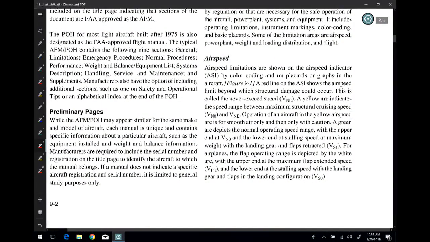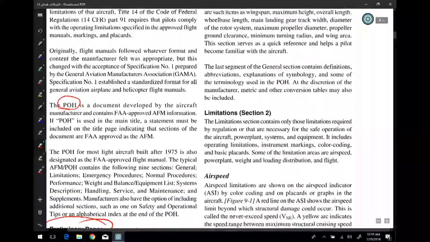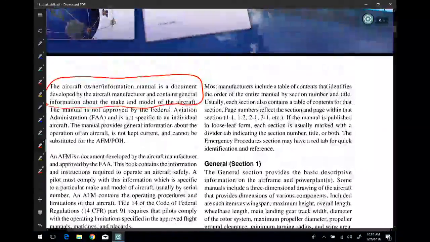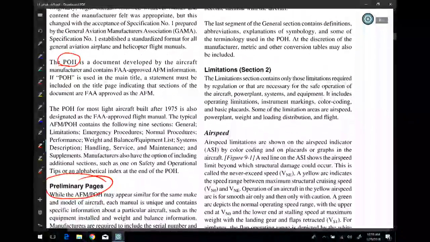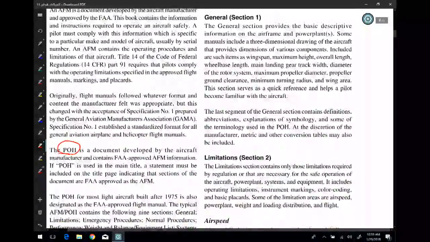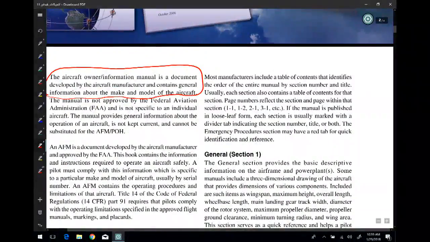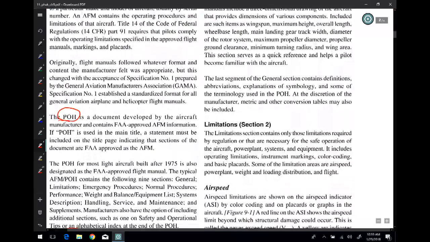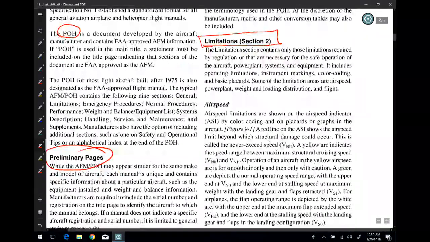Now we look here at some of the preliminary pages. These are items here, subheadings, okay? So these are going to be subheadings. Below the subheadings, we have other things. So you can see additional subheadings. So here's a subheading. Here is a subheading. But notice under the subheading here of limitations, what information you're going to find.